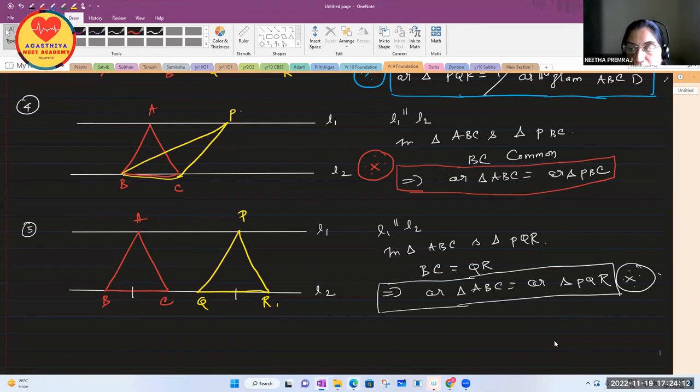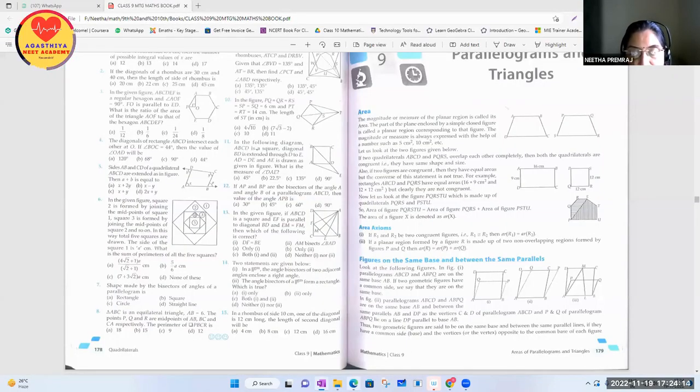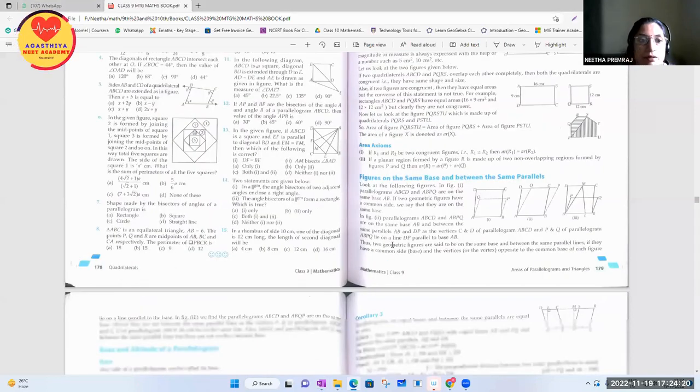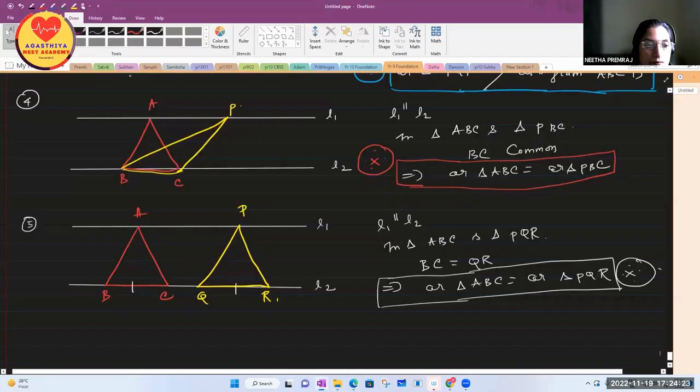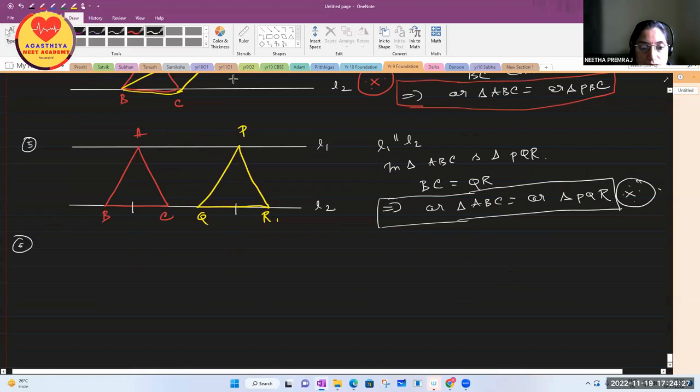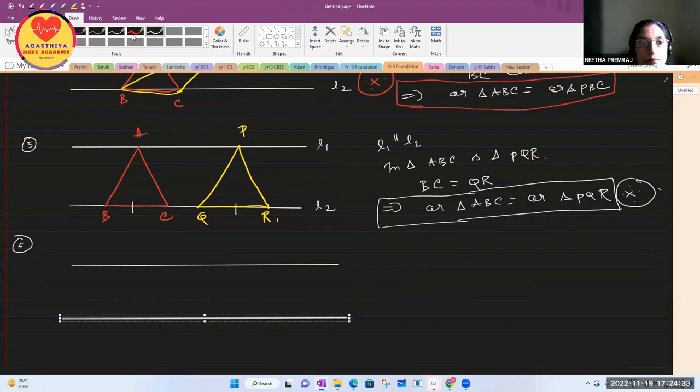Similarly, another concept, I would like to say another concept. I missed that concept. What is the concept? This is the last one. Again, there are two parallel lines. Or a parallelogram.